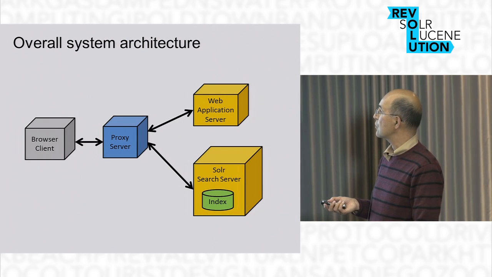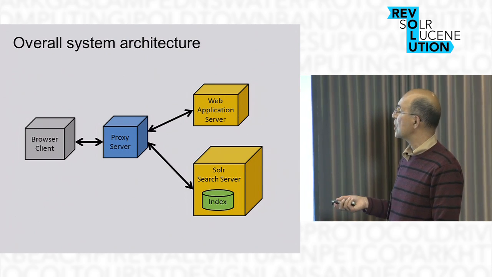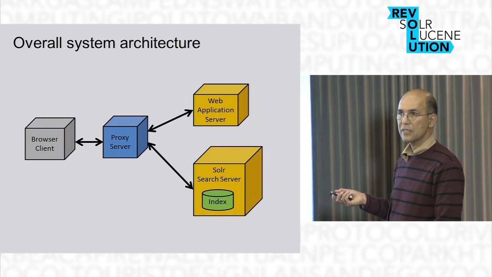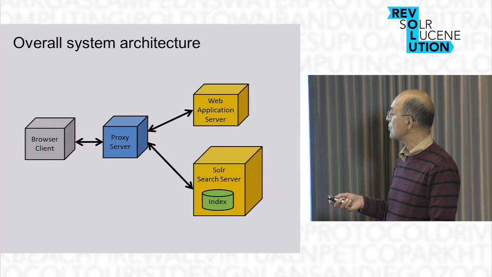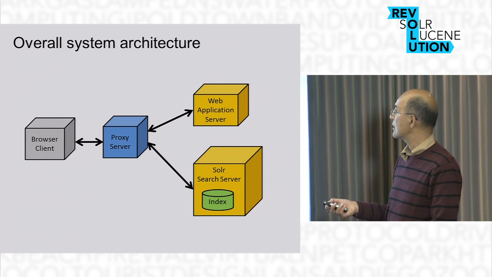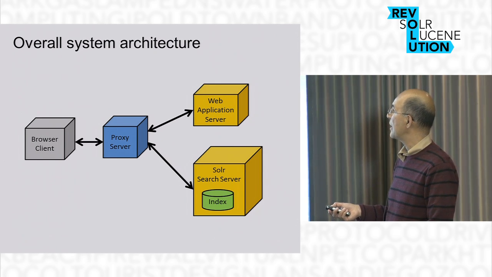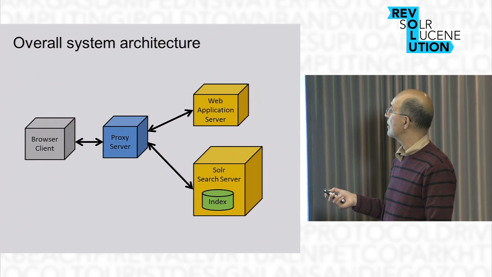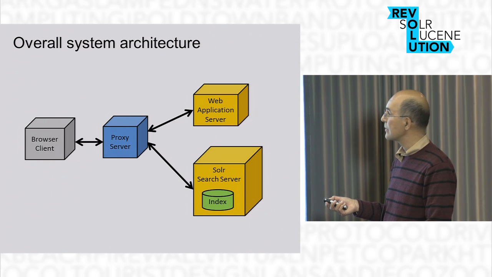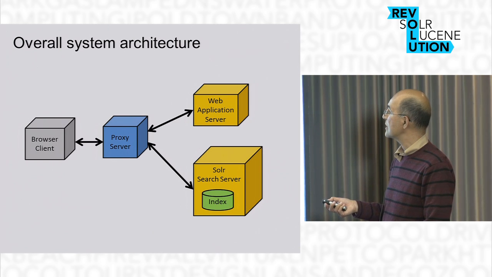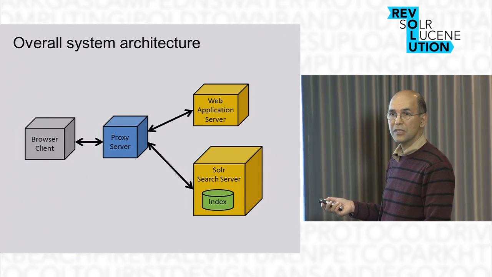Before I get into AJAX-Solr, I want to describe what our architecture is as far as our search application is involved. So what happens is the user comes to the search page, the page gets loaded from our web application, and then through the proxy, and the user types in their query.